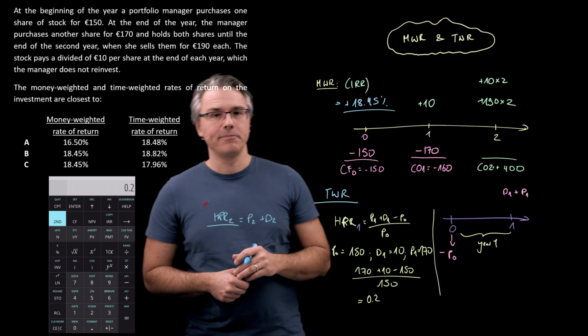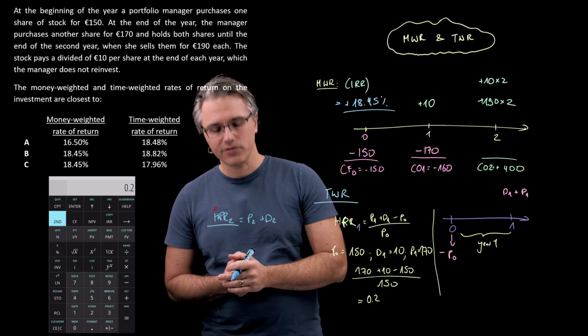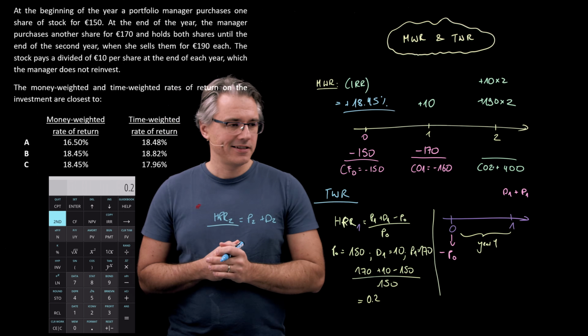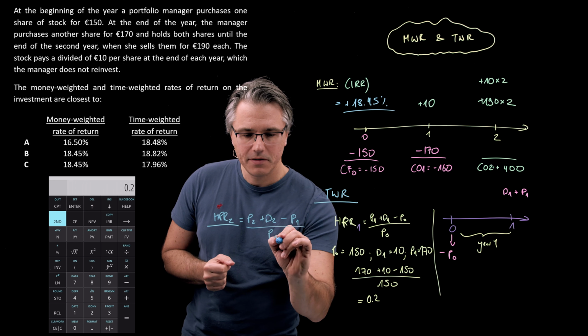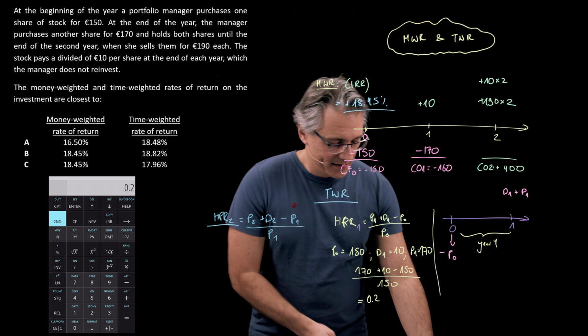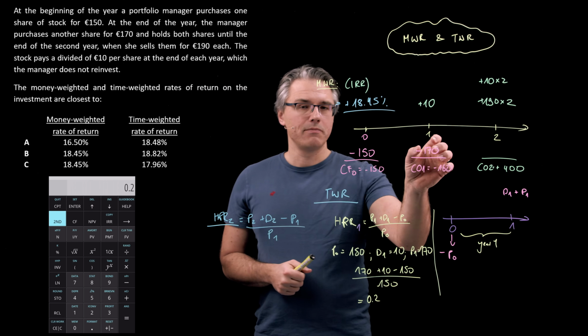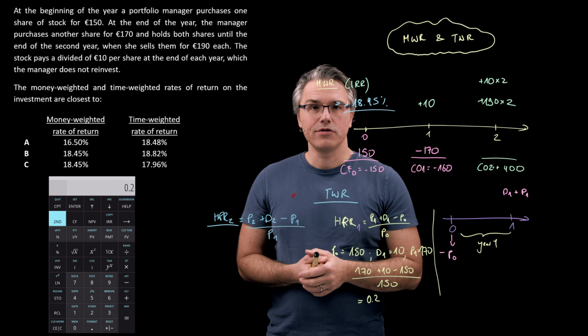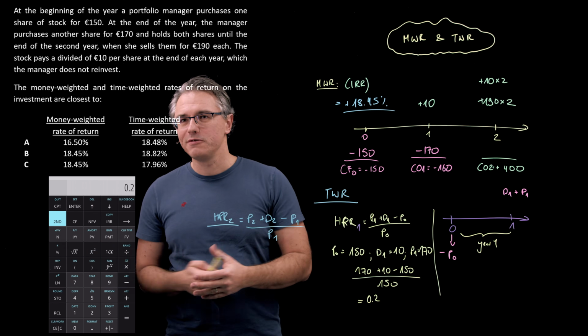But you can think about it from a single share. It doesn't really matter how many instruments you've got. So minus whatever P1 was, divided by P1. And as I said, I can do this on the basis of 2 shares, which we're at this moment holding, or on the basis of a single share. But whatever we do with 2 shares is just going to be double whatever we do with a single one.